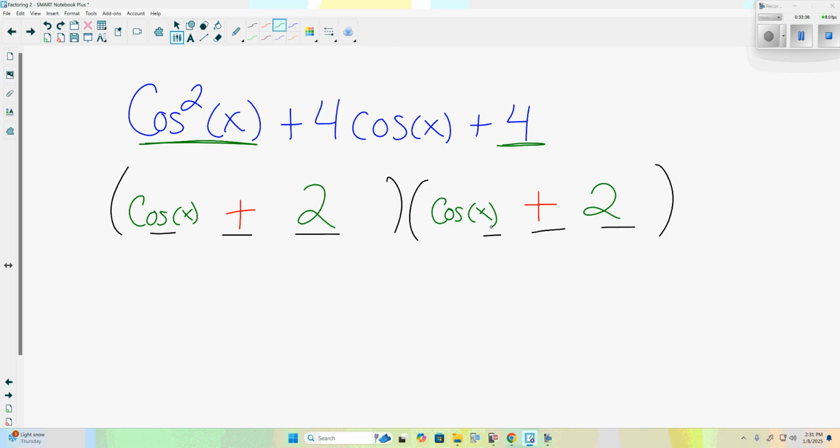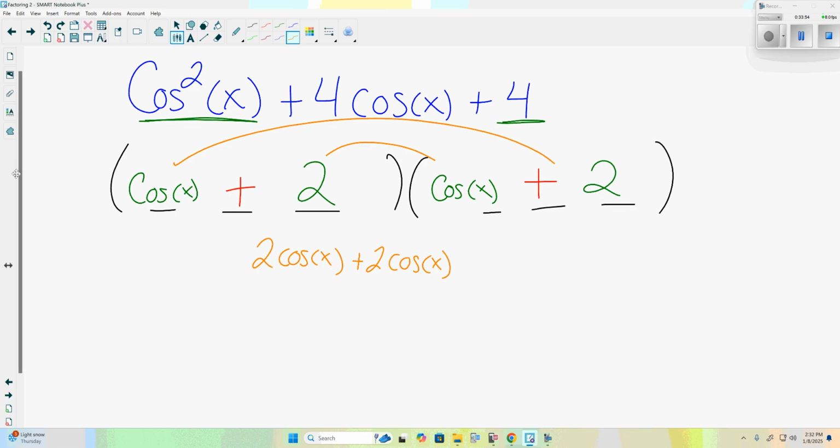Now we can check and see if we got the correct middle term. Cosine of x times 2 is 2 cosine of x. 2 times cosine of x is plus 2 cosine of x. And what is 2 cosine of x plus 2 cosine of x?